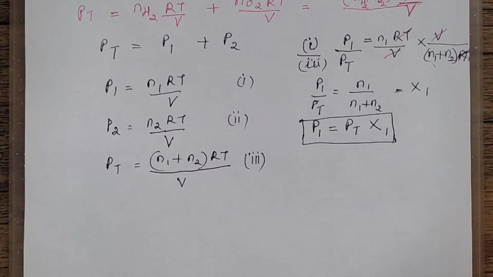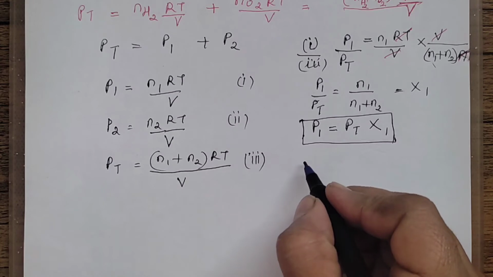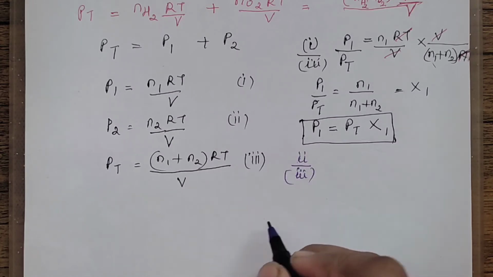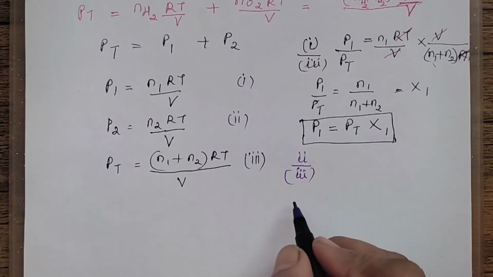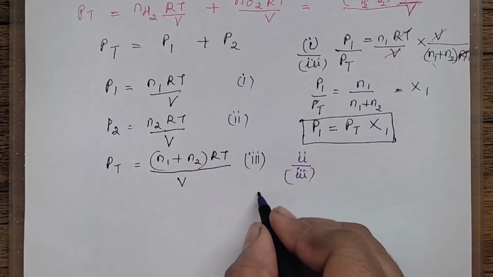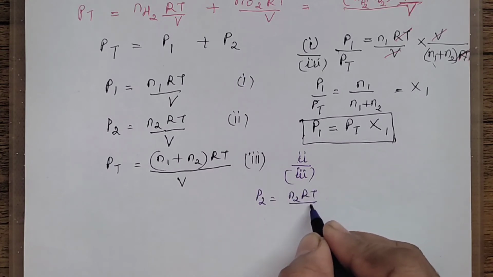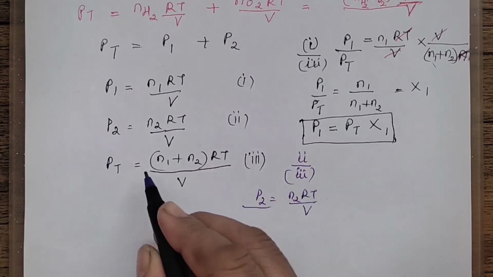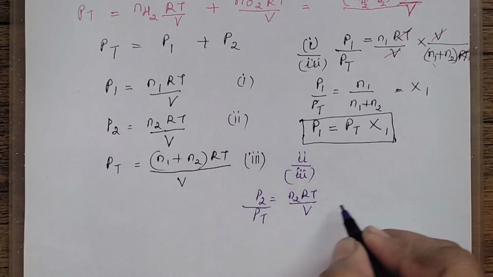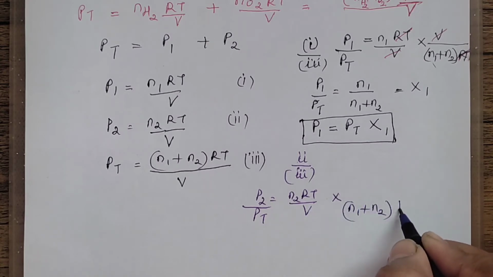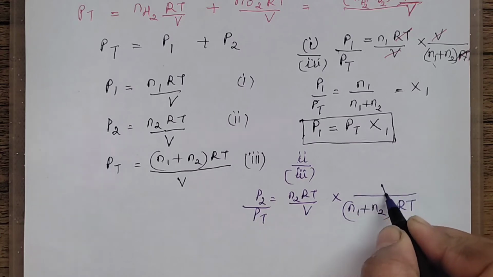Likewise, now I am dividing the second equation by the third equation. The second equation is P2 is equal to N2 RT by V, divided by the third equation, P total, which is N1 plus N2 RT by V, where RT and V will go in the numerator.